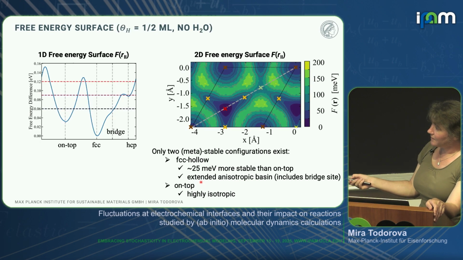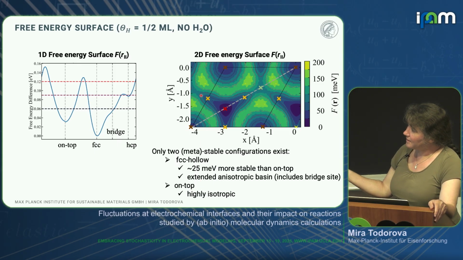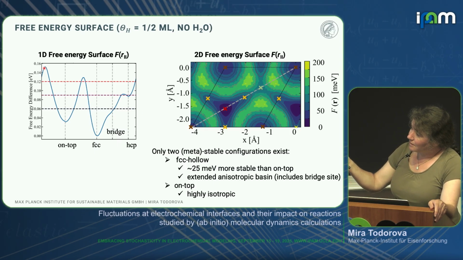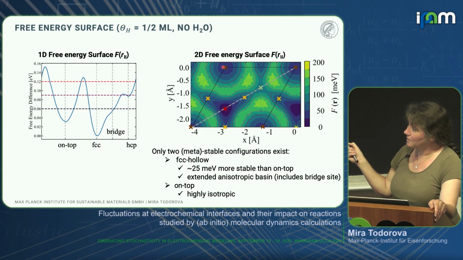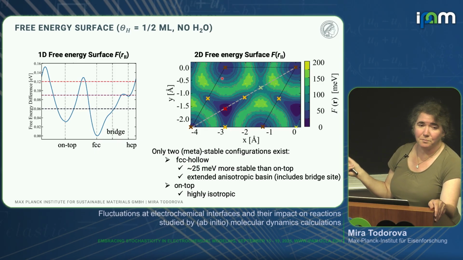Now, what we see here is an extended basin that is related to the FCC hollow site, which also encompasses the bridge site. The HCP hollow site is not really a stable site, so here you can see a cut through this profile. You see that the FCC site has the lowest basin, the HCP site is hardly there, and the bridge site is somewhere in between. And there seems to be a second basin, which is much more symmetric, which is associated with the top adsorption site.